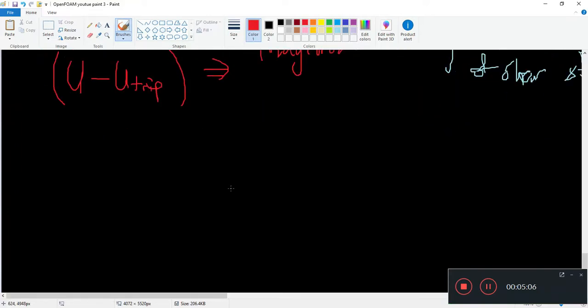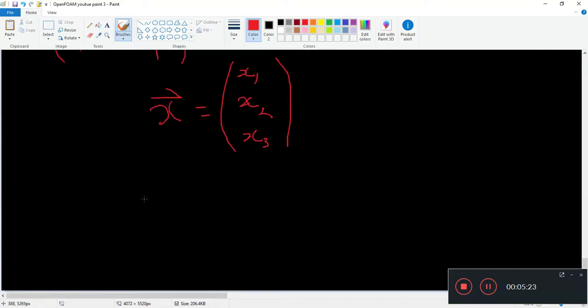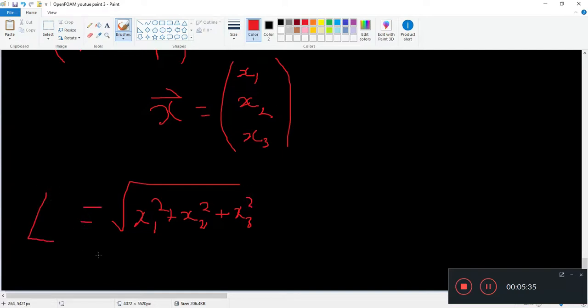If you have a vector x equals x1, x2, x3, and you wanted the magnitude, you just do x1 squared plus x2 squared plus x3 squared, and this is the length, so to speak, of this vector over here.